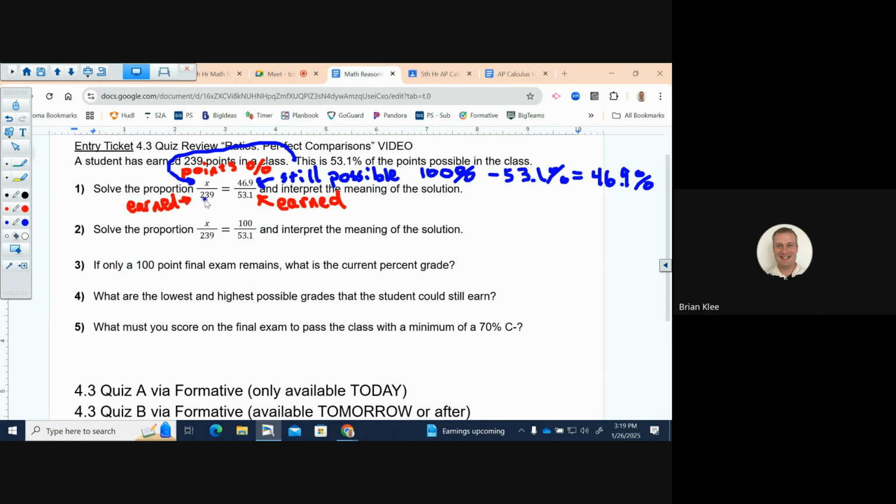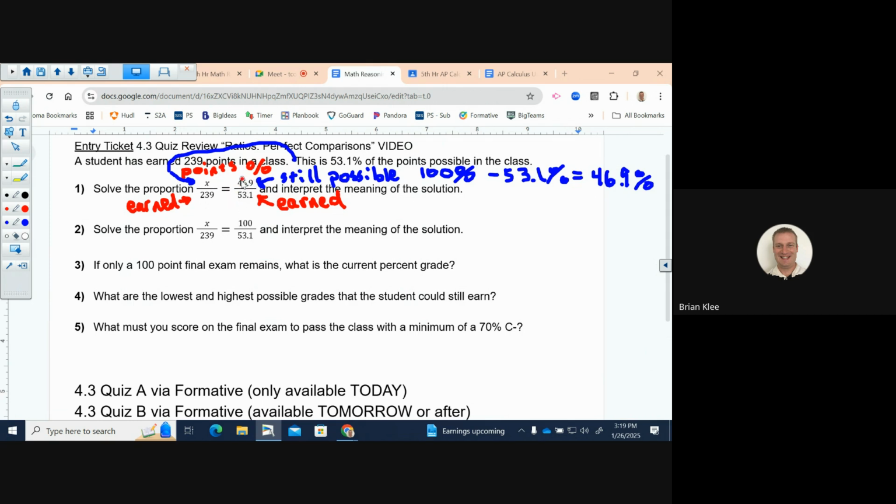Then across the bottom, those are the points earned, and that is the percentage of the points that have been earned, or at least the points possible. Okay. Solving these, if we do solve this, we are going to get the points that were possible yet. We will get the 46.9.